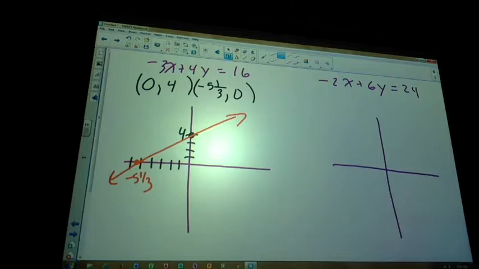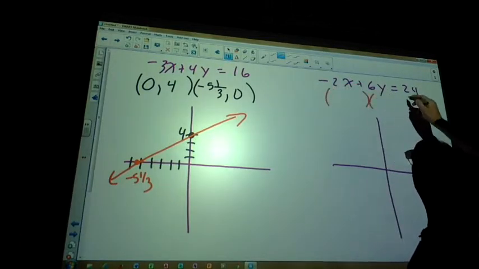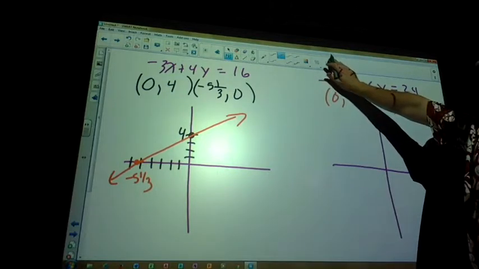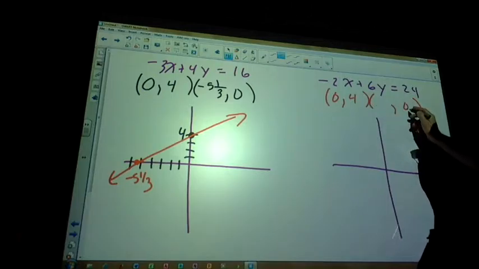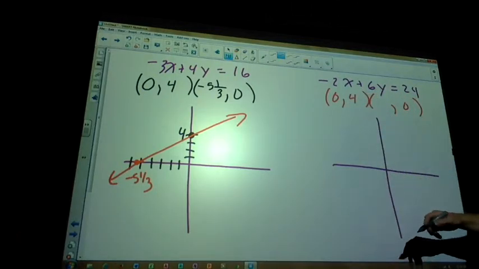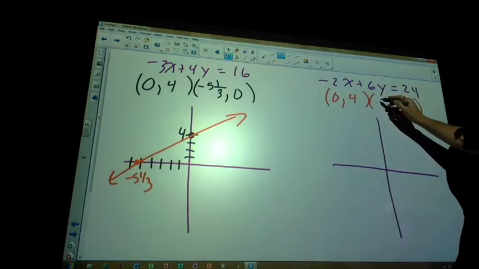SD's in the house. All right, SD. I'm plugging 0 in where? And the X. Okay, and then the Y. So if I plug 0 in for X, that's covered up. So what's Y equal to there? If I plug 0 in for Y. Oh, wait. I goofed up, didn't I?